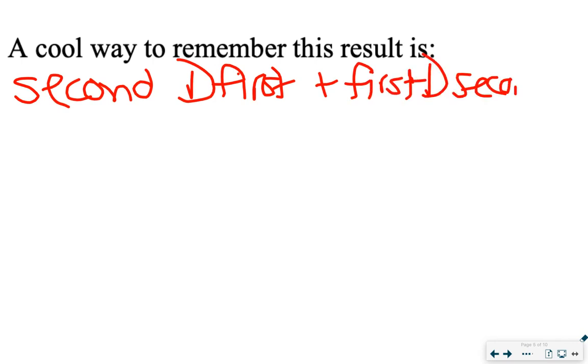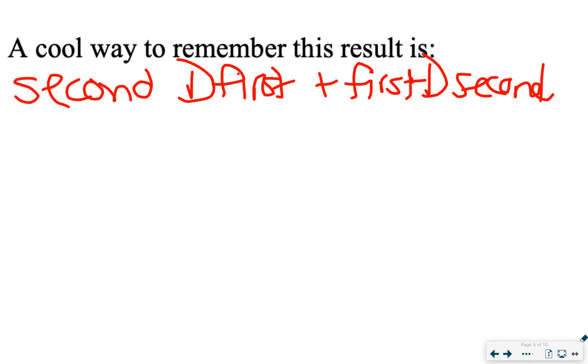So the second times the derivative of the first plus the first times the derivative of the second. If you just say second d first plus first d second, I promise you'll remember how to take the derivative using the product rule in 10, 20 years.